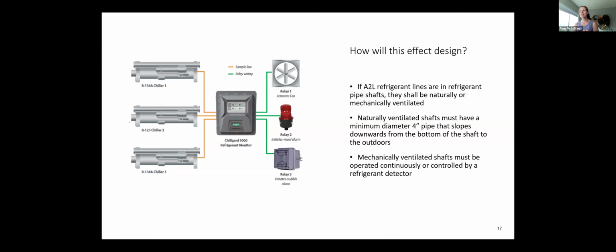Naturally ventilated shafts must have a minimum diameter 4-inch pipe that slopes downwards from the bottom of the shaft to the outdoors. The idea is our refrigerant is heavy, right? You have Joe over here hung a picture on the wall, pierced that right into that pipe shaft, pierced that refrigerant line, and now we have a leak. And that refrigerant is going to fall to the bottom of the shaft, find its way to this 4-inch diameter pipe and out.